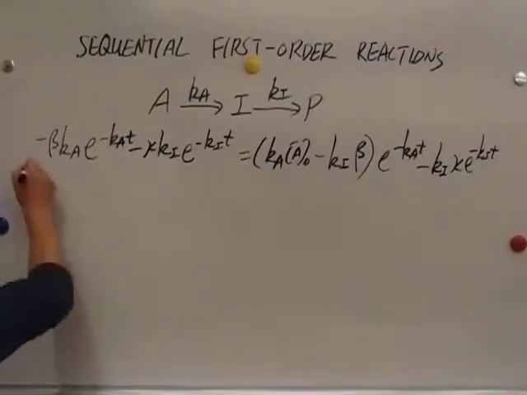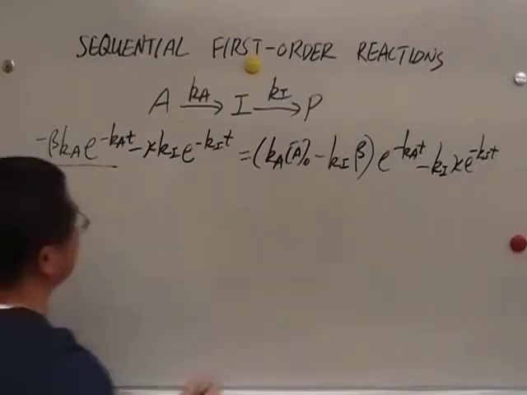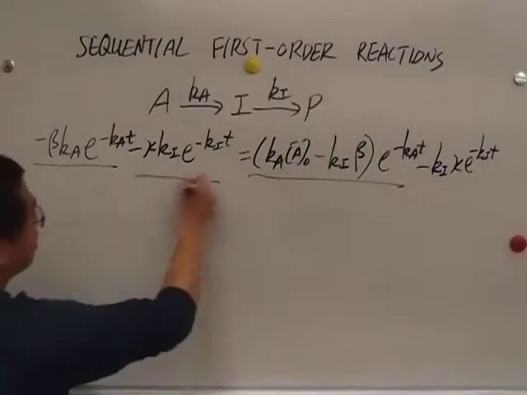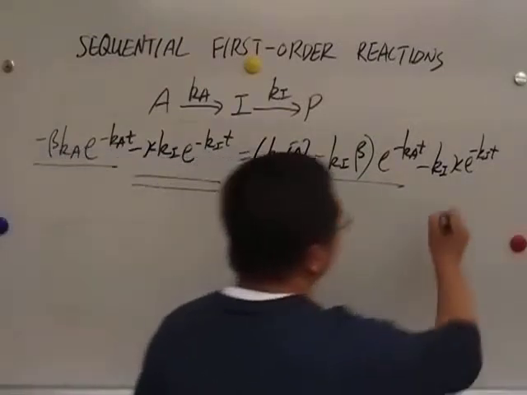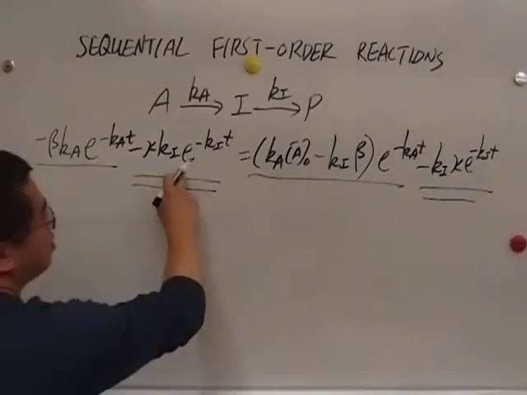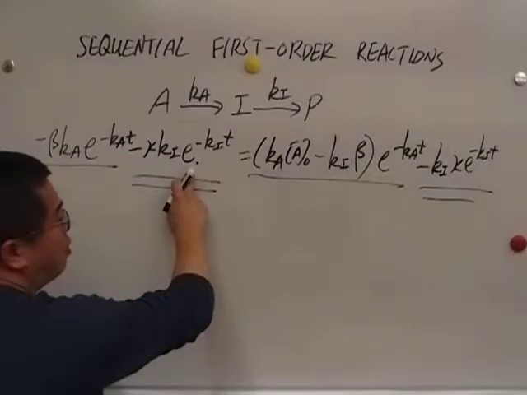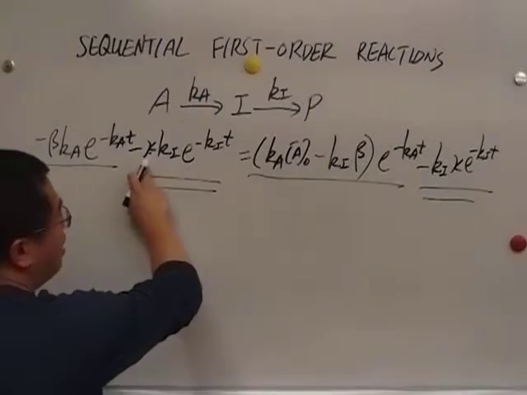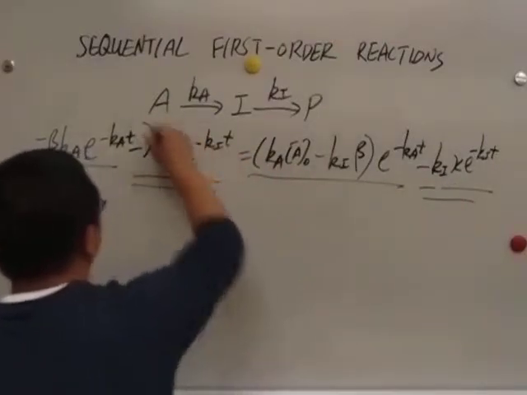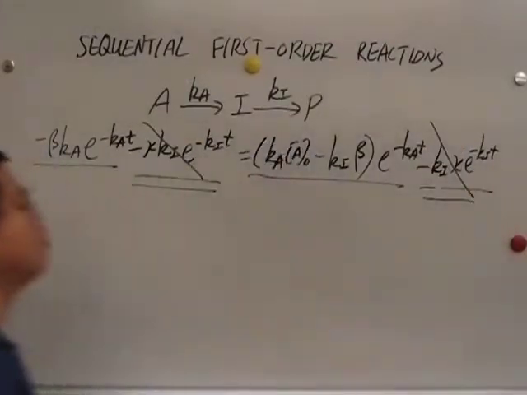We just compare this exponential function with this exponential function, and we're going to compare this exponential function with this exponential function. Okay? And you can tell this term, kappa times Ki, they cancel.